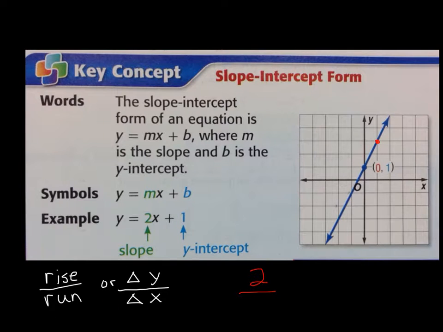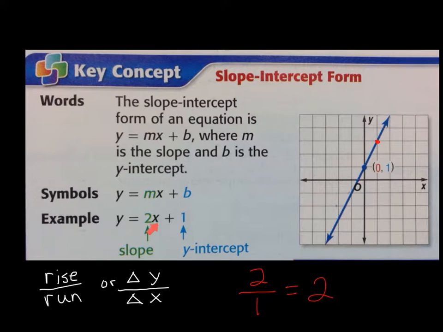From here I went up 2, that was the change in y, and now I have to go positive 1 over to the right. So that would be 2 over 1, which we know is the same as 2. So this equation represents this line, and that's how we would graph this equation.